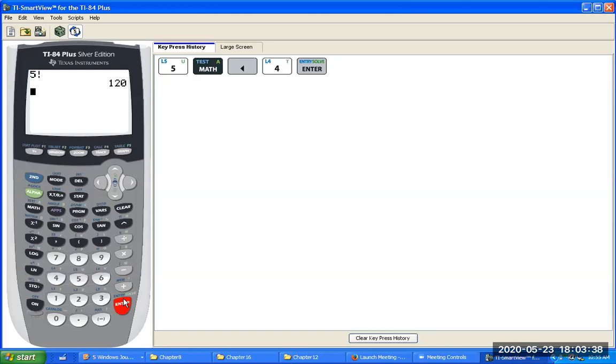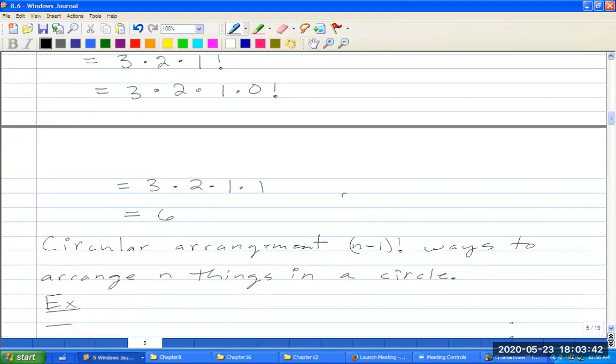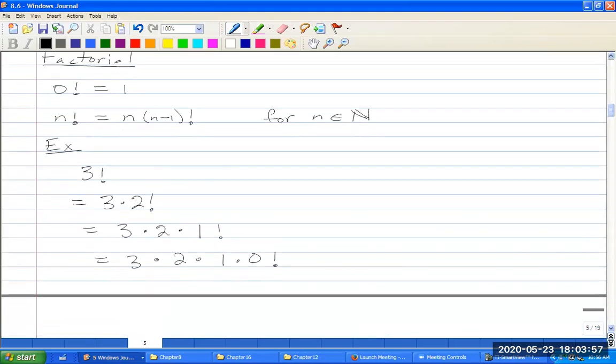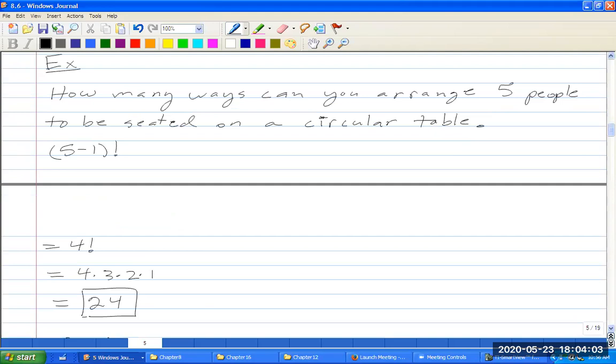Circular arrangement: there are n minus 1 factorial ways to arrange n things in a circle. Let's try that. For example, how many ways can you arrange 5 people to be seated at a circular table?